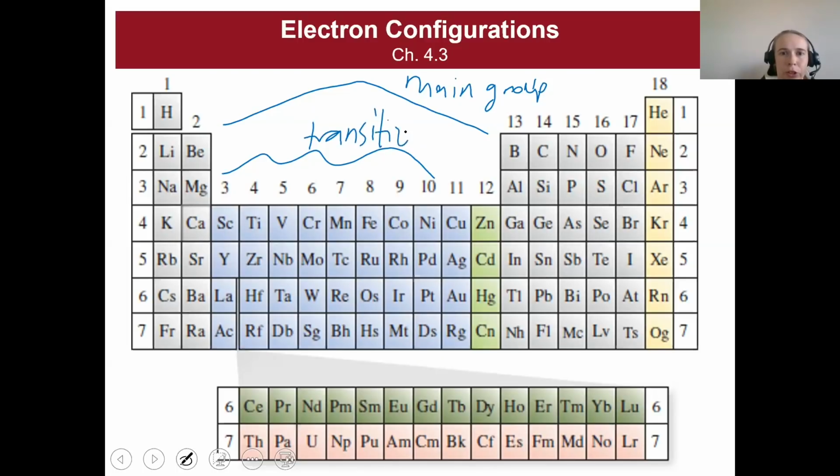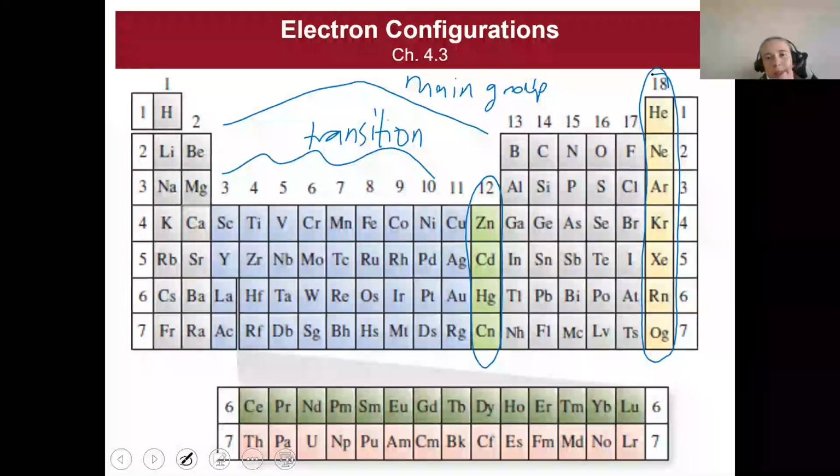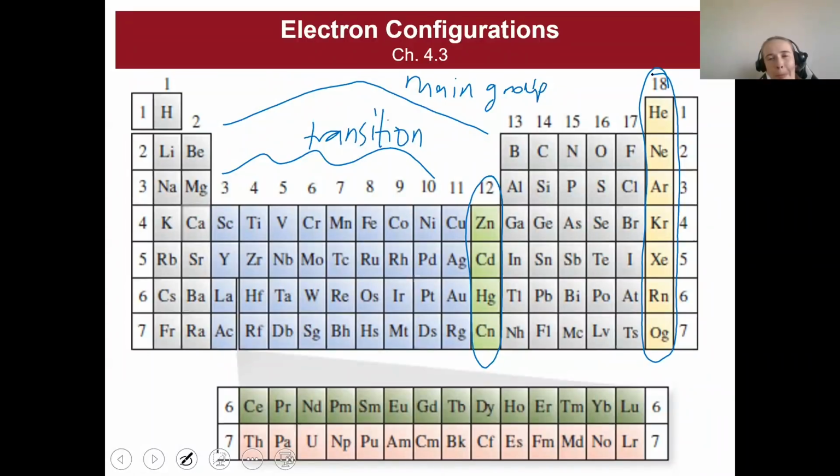And your book actually distinguishes between group 12 elements and transition metals because the group 12 elements have full d subshells, which make them a little special. And then over here, this is still the p block, but these are the noble gases, and they are also a little unique because they have the full p subshell. And down here, we've got our lanthanides and actinides, green and pink, respectively.